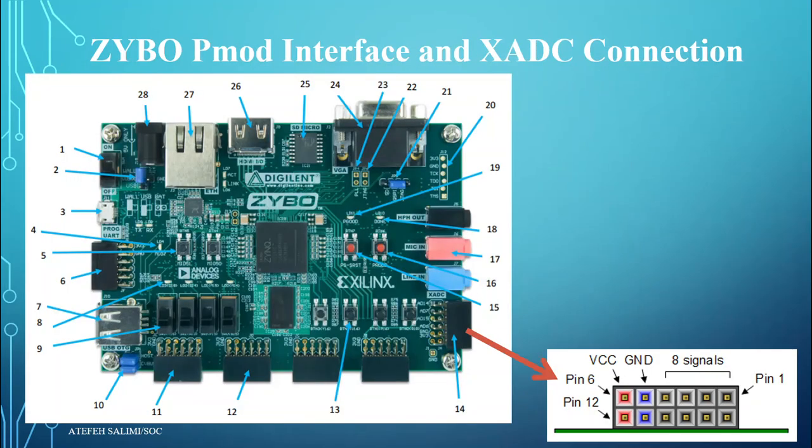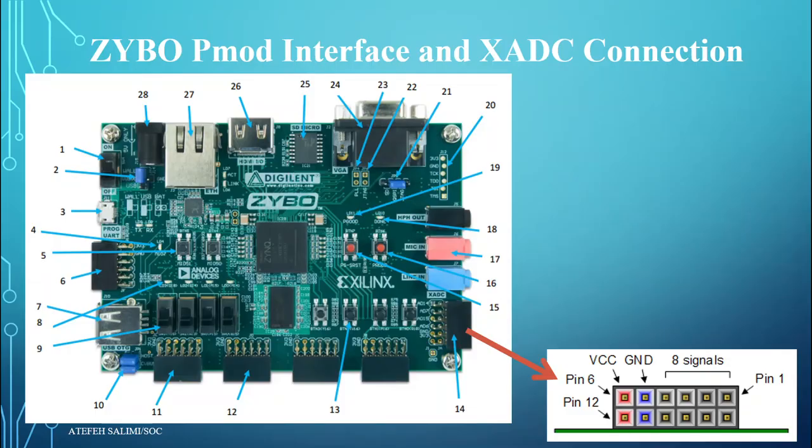The schematic of the Zybo board is given here. It has 6 PMOD ports with the configuration of 2x6 as illustrated in this figure. The 14th of them, which is here, is indicated with 14, and it's also written on the PMOD port XADC.